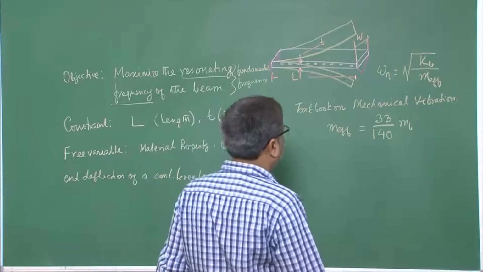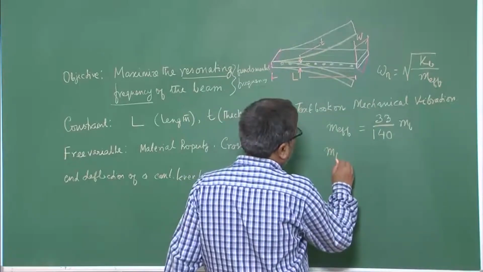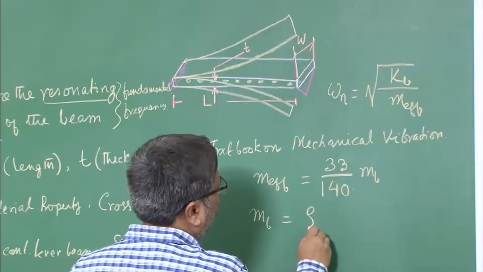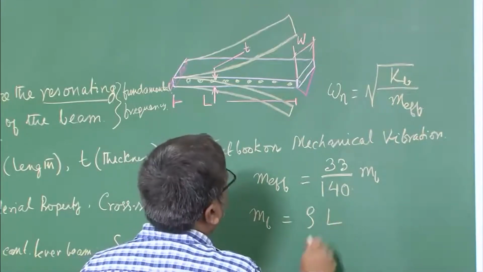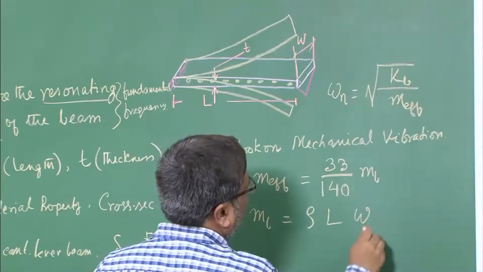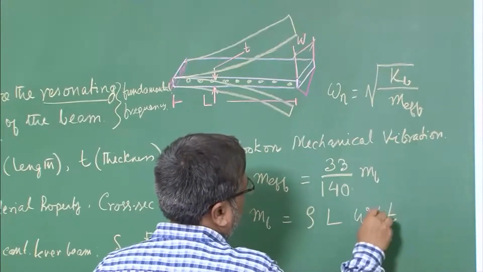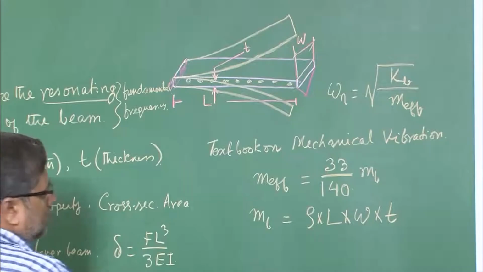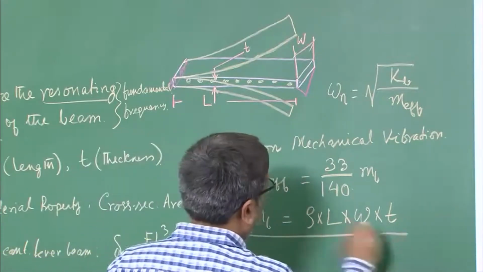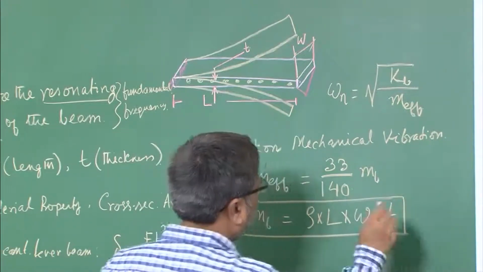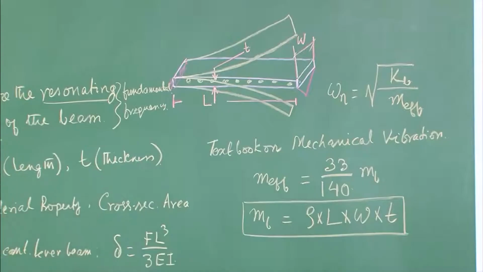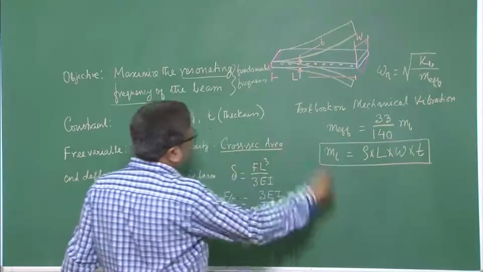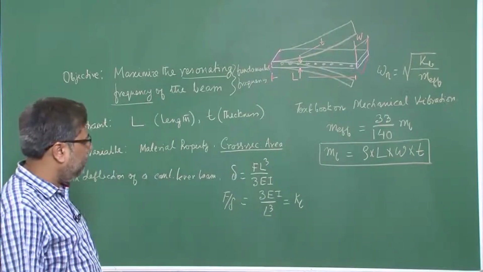Now the question is, what is MB? MB we can write as rho times length times W times T, right? Rho L W T, that is the MB, the mass of the beam. Now in this case we have to keep in mind that the cross sectional area is considered as the free variable.